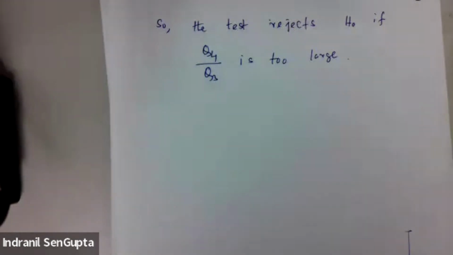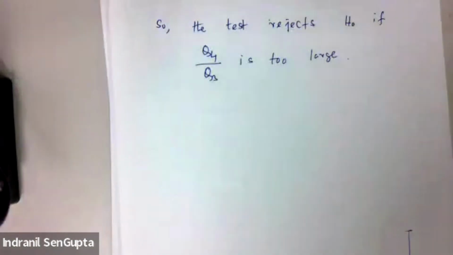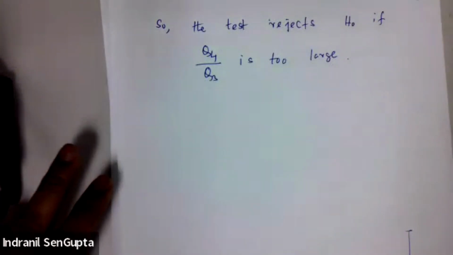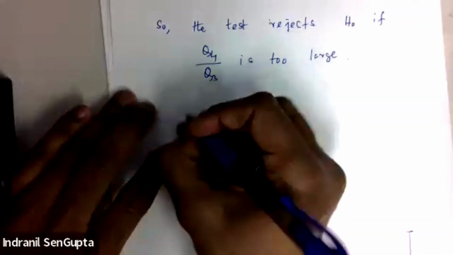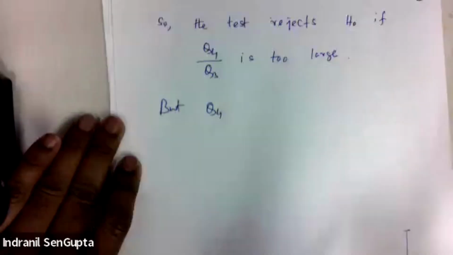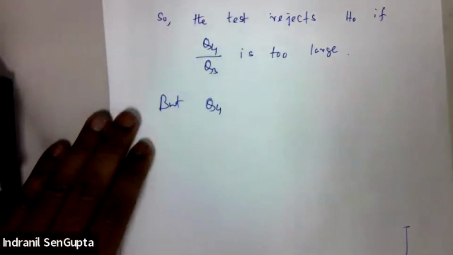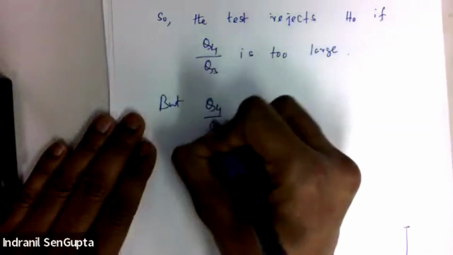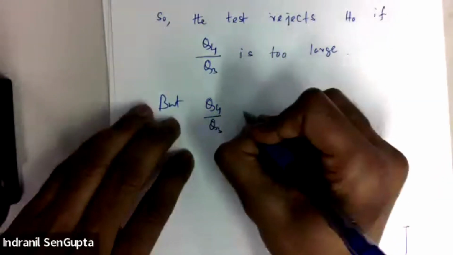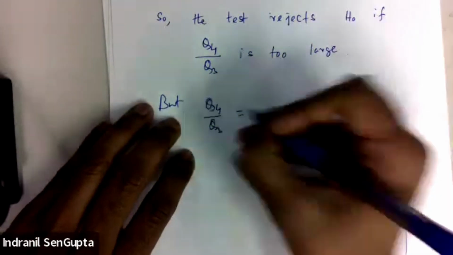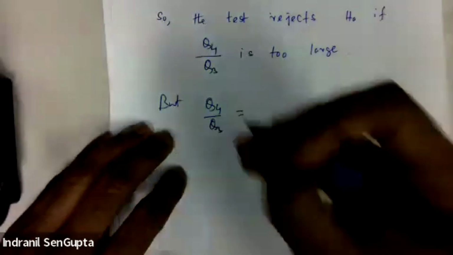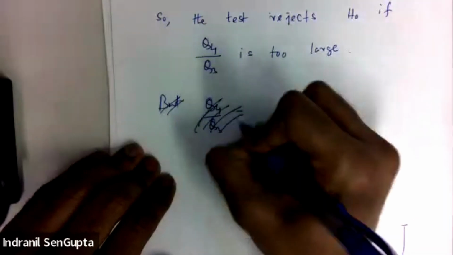Now the final thing we'll be doing is trying to understand this quantity. Let's consider this quantity Q4 over Q3. I can write this in terms of Q. So let's see what this Q4 is.